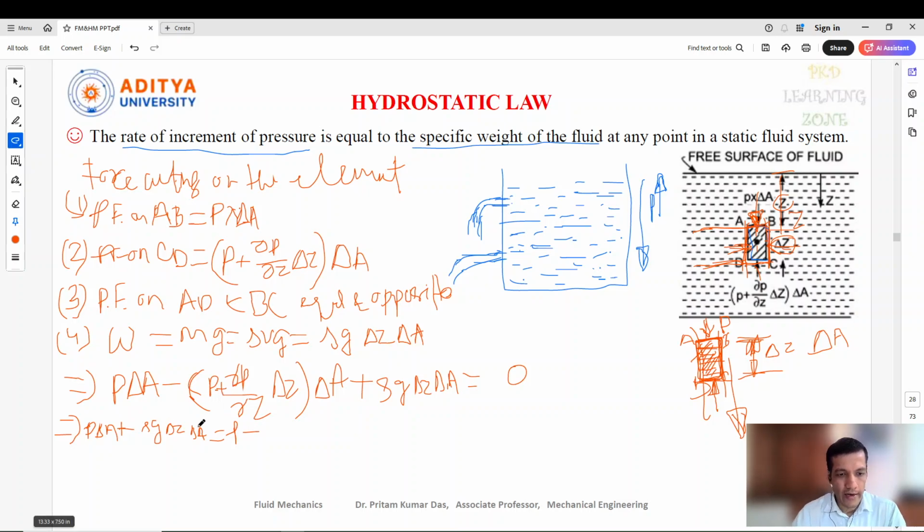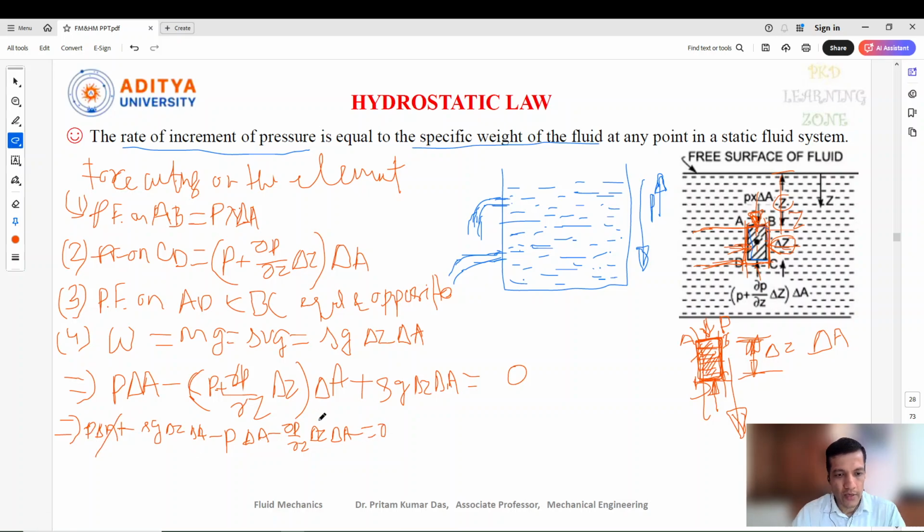We can elaborate this one, then we can go for shifting to the other side. Let's keep here minus P delta A, and here keep minus inside. So minus ∂P by ∂Z delta Z into delta A equal to 0.